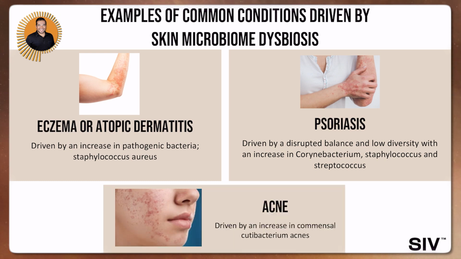And then acne is a perfect example of a skin microbiome-driven condition because it's driven by an overgrowth of Cutibacterium acnes, a pro-inflammatory version of that microbe getting into the pores, into the deeper areas of the skin, triggering sebum production, and then inflammation that follows, and then the formation of a comedone.